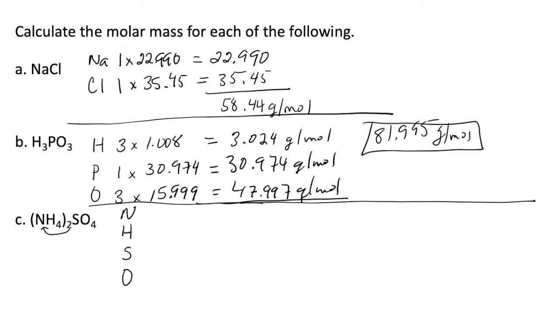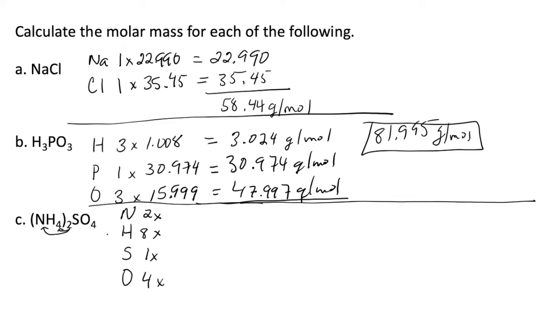So 2 times a subscript of 1 by the nitrogen means that I have 2 nitrogens. The 2 will be multiplied by the 4 subscript by the hydrogen, which means I have 8. 2 times 4 is 8, so I have 8 hydrogens. I have 1 sulfur and I have 4 oxygens.